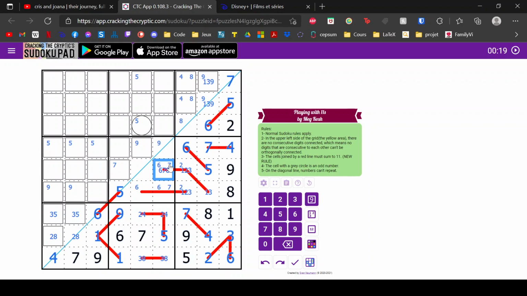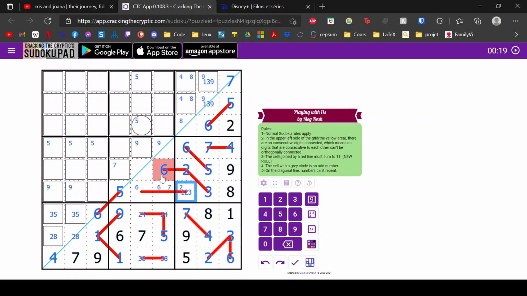If that's a 6, then it's 2, 3, so that is a 1. So that makes, okay, if that is a 6, then that is it with a 5.